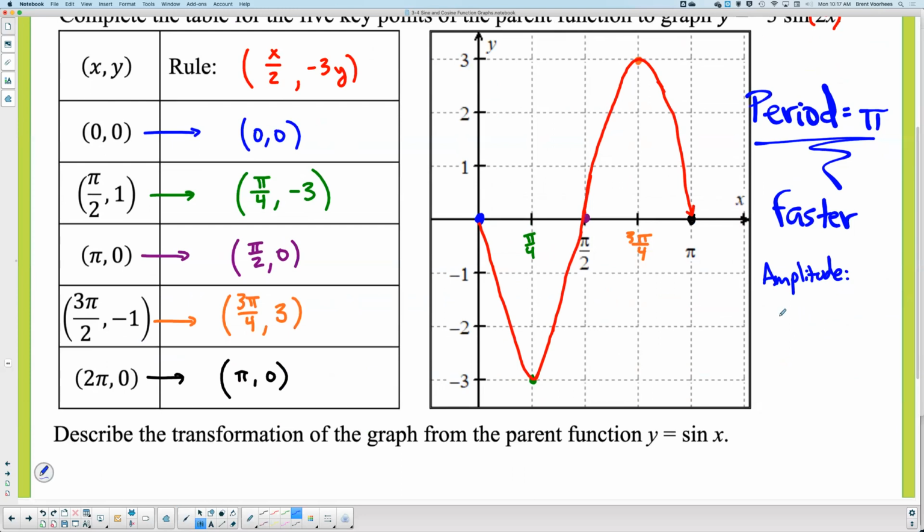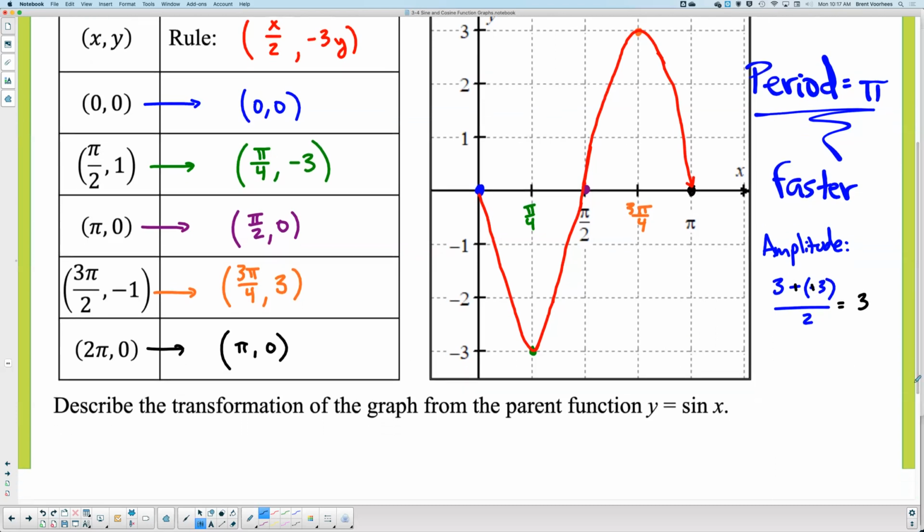What's our maximum value here? 3 minus, what's the minimum value? Divided by 2. What's 3 plus 3? 6 divided by 2? 3. The amplitude is 3 here. We can just count the little boxes. You could from the midline, as long as you do from the midline, the amplitude is 3.